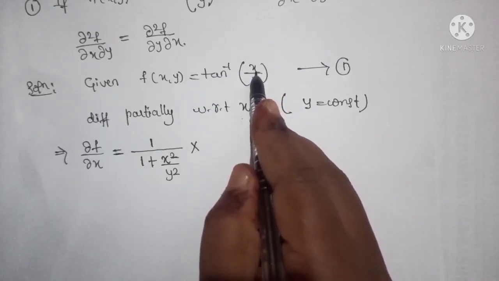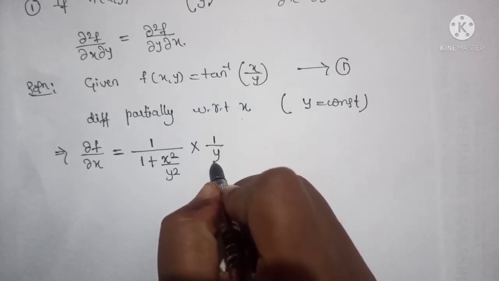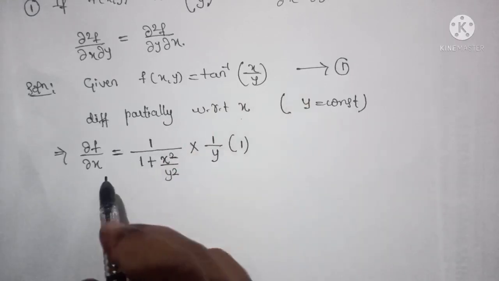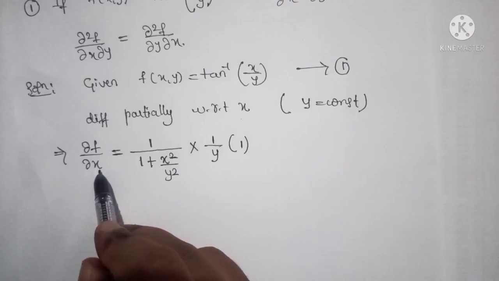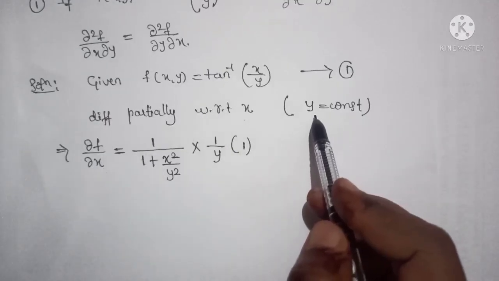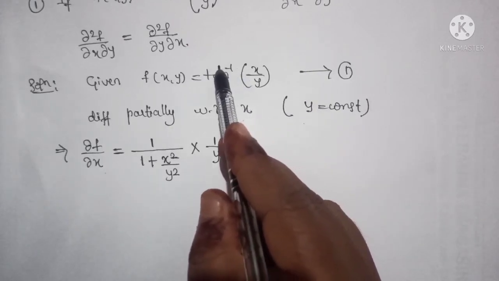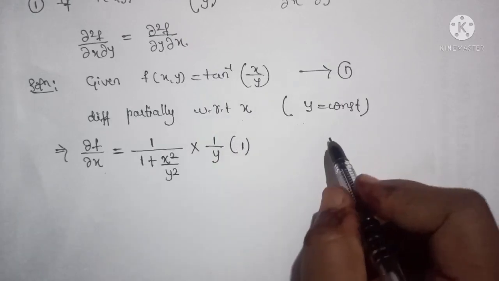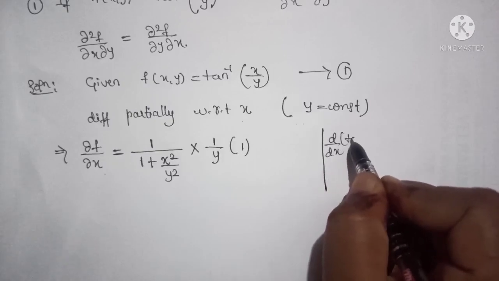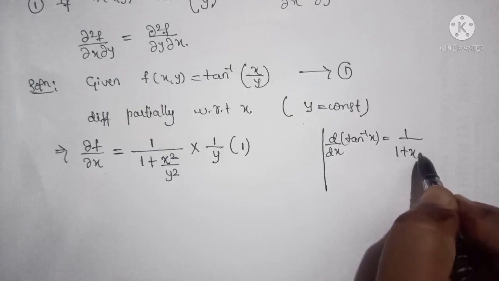So that means we need to treat this y as constant, therefore 1 by y is taken outside, x differentiation is 1. I repeat, we are differentiating partially with respect to x, so we have to treat y as a constant. First we write the tan inverse differentiation. We have tan inverse x differentiation is 1 divided by 1 plus x square.